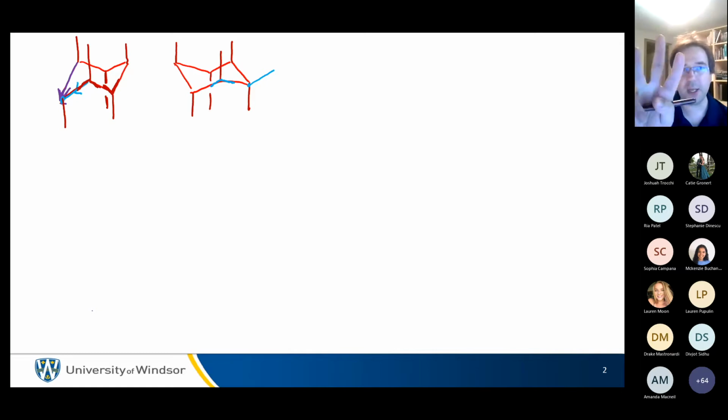There are 3 sets of parallel lines in that chair, plus the axials. We're going to ignore the axials. 2 of them are attached to that carbon. The third one over here and over here are not attached to this carbon. This bond should be parallel to those 2.